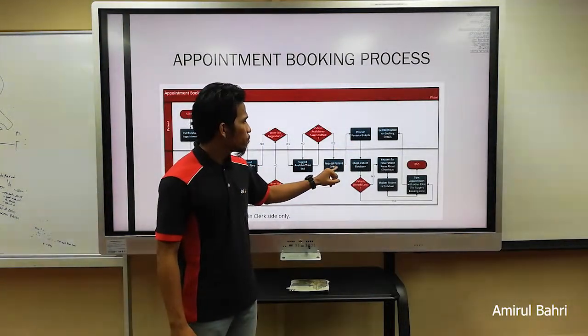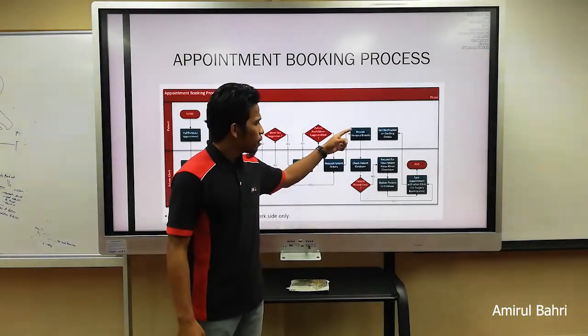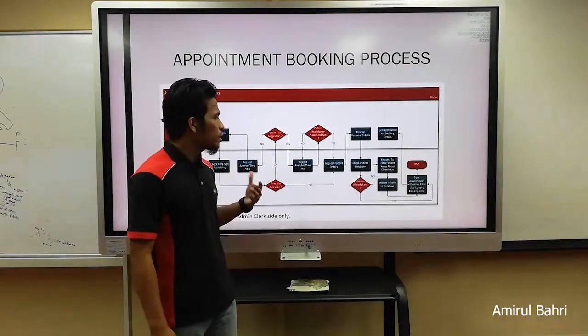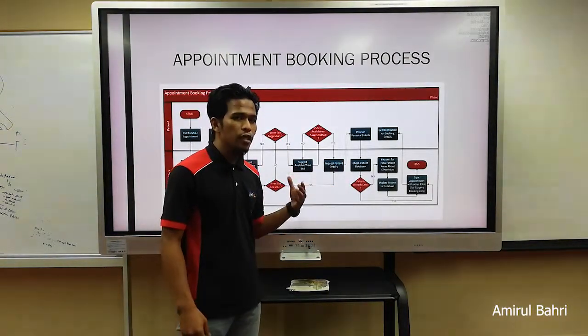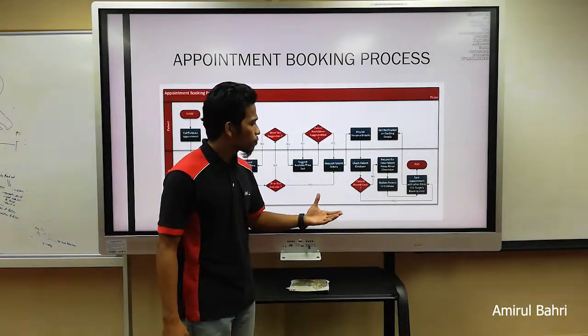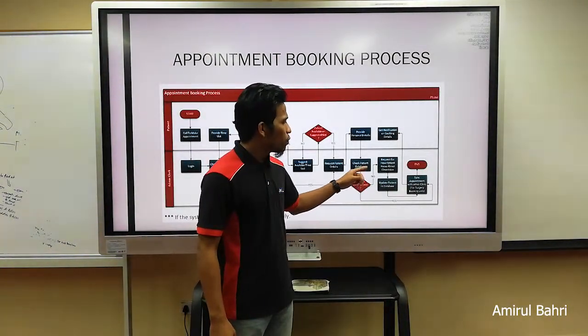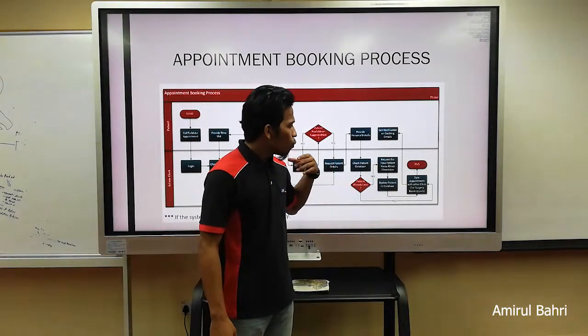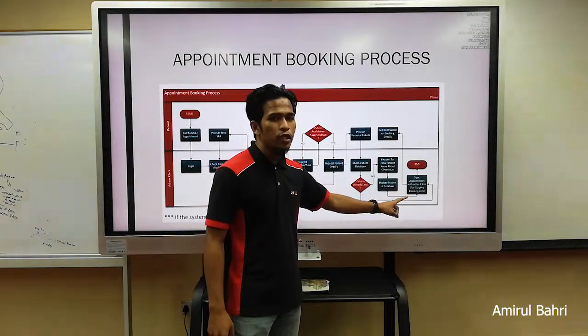Here, the patient will provide personal details, and then the admin clerk will check the patient database. If the patient is already in the database, the admin clerk will move straight to synchronize the appointment with the other clinic.